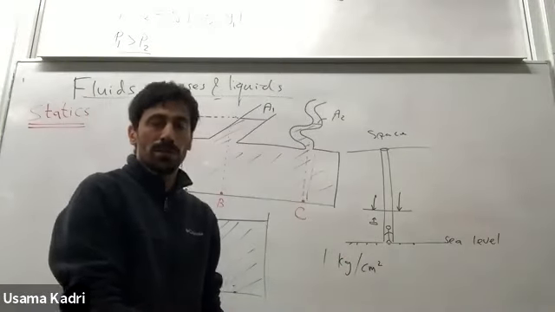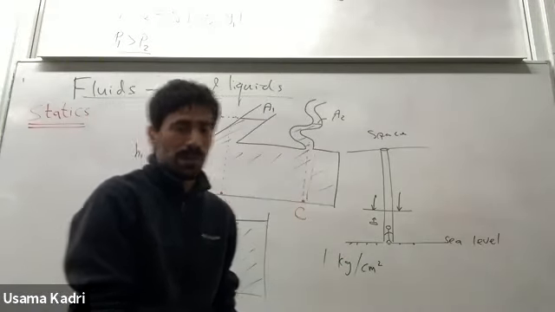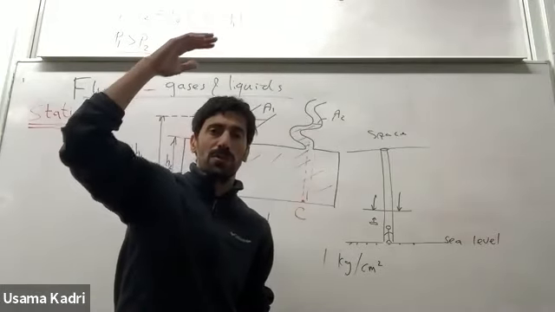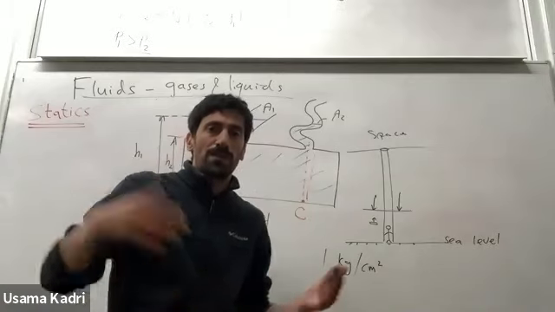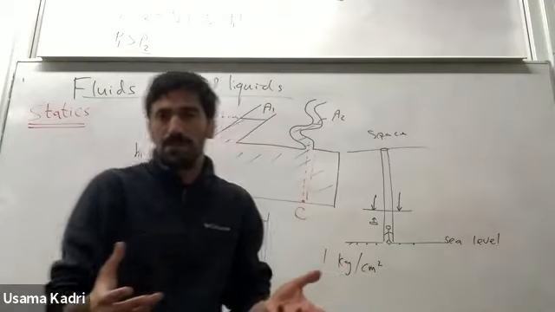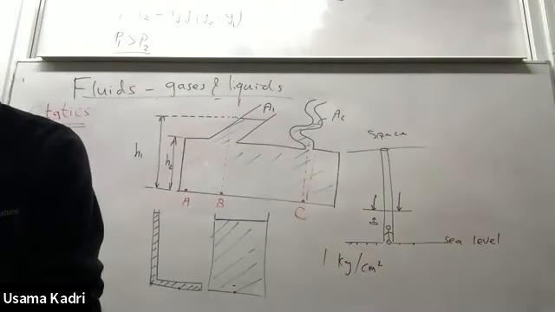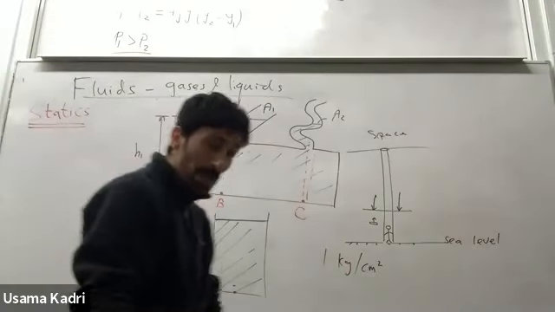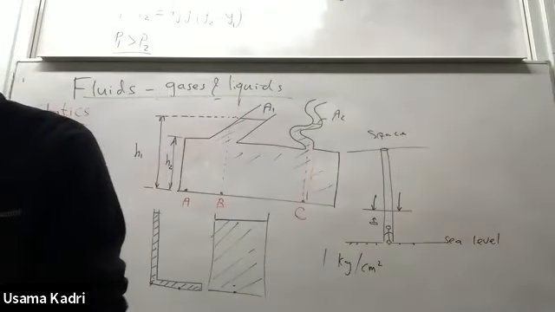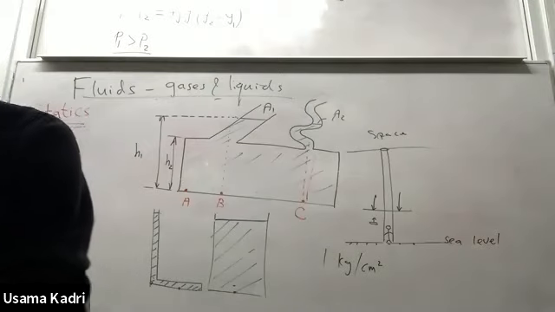If you're diving, you can go tens of meters inside the water, and you're going to have much more force applying on you, but it's applying in all directions, not only from one direction, perpendicular to the surface area.